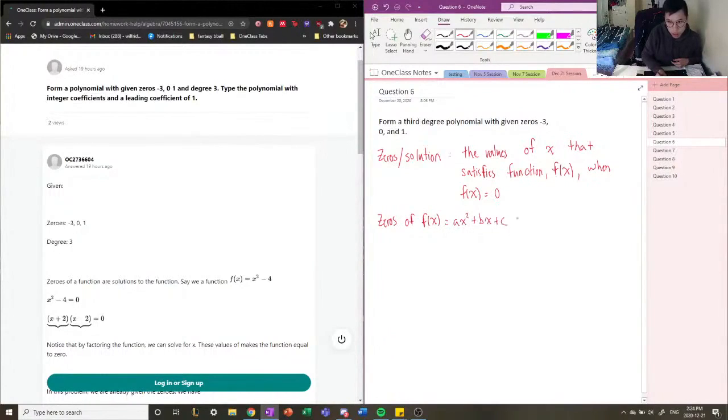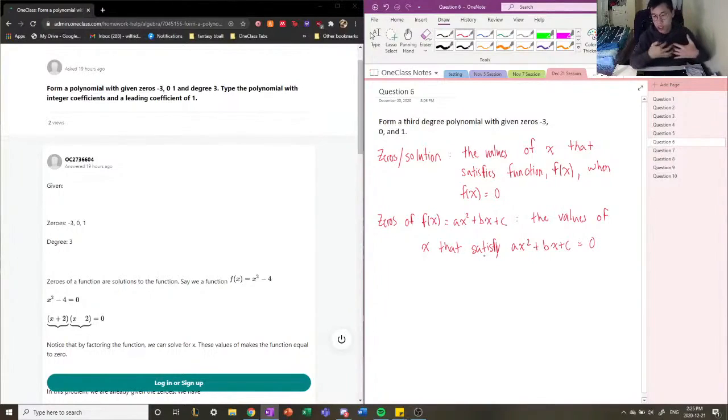So this is our quadratic equation. The zeros are the values of x that satisfy ax squared plus bx plus c equals 0. Okay, so that's the zeros of a quadratic function, for example.